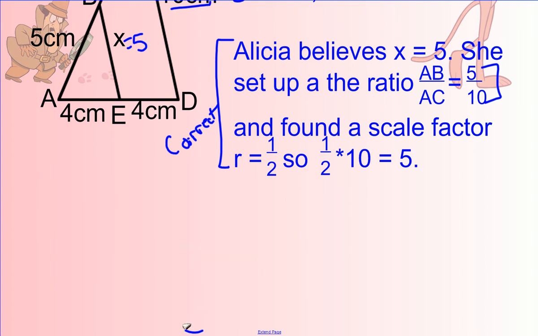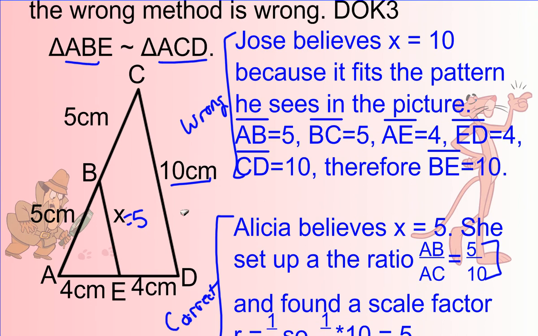So the question then comes down to, why is Jose wrong? What did he do that was so wrong? Well, in Jose's method, he wasn't really looking at similar figures. He's just looking for number patterns. And he saw 5 and 5, 4 and 4, so 10 and 10.